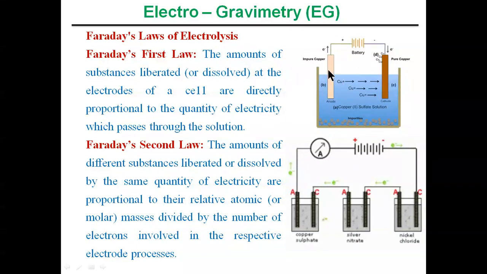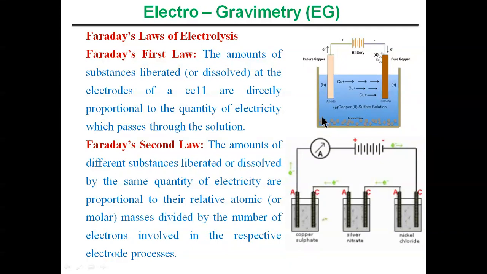See here, this is the electrode, that is the anode, and it's impure copper. For example, here is the copper sulfate solution, and this impure copper is dissolving in the copper sulfate solution. How much is liberated or dissolved in the solution is directly proportional to the quantity of electricity passed through the solution. So this is Faraday's first law.